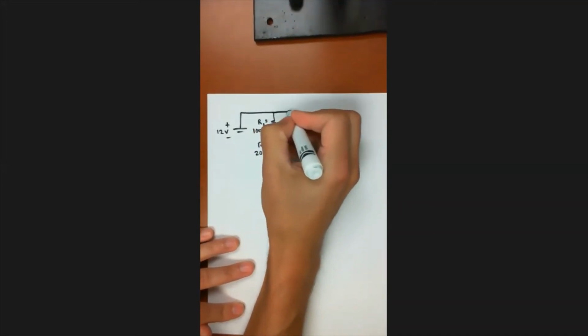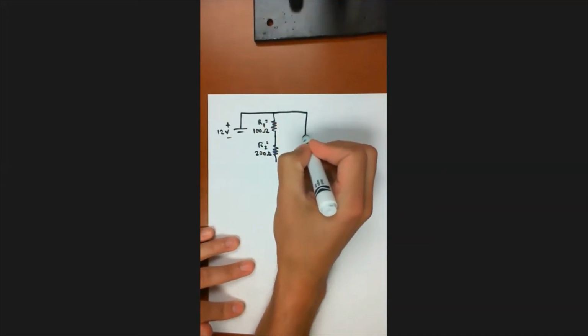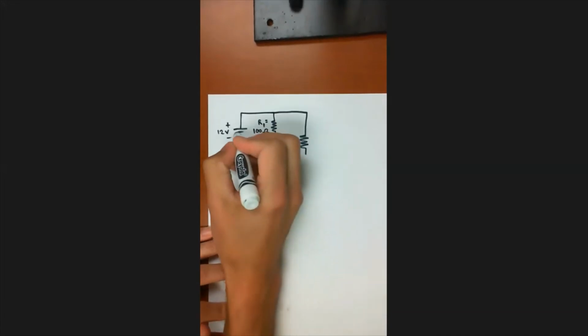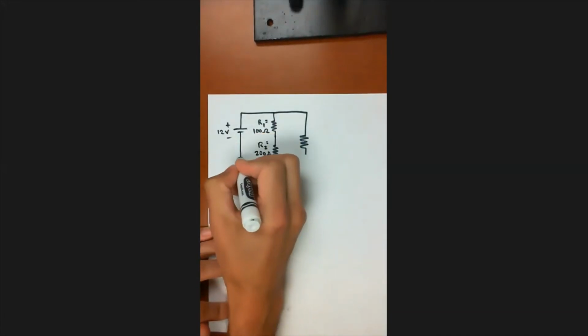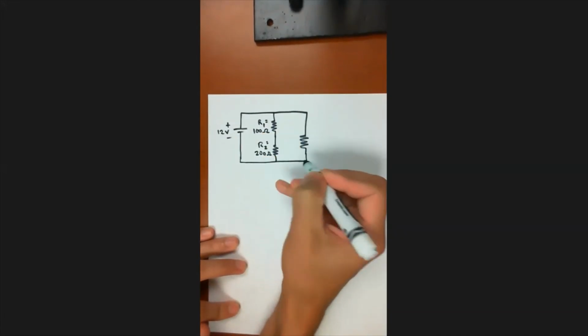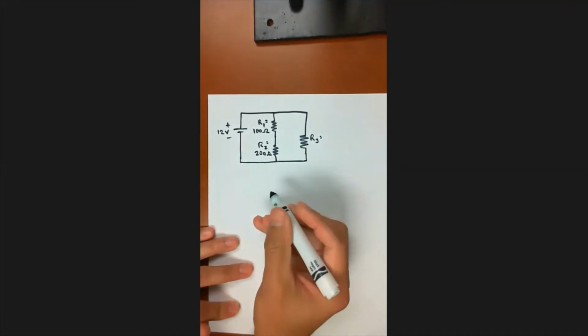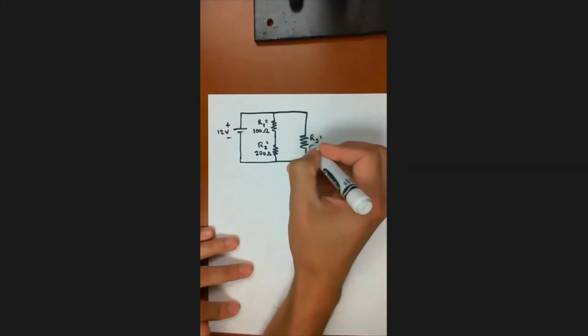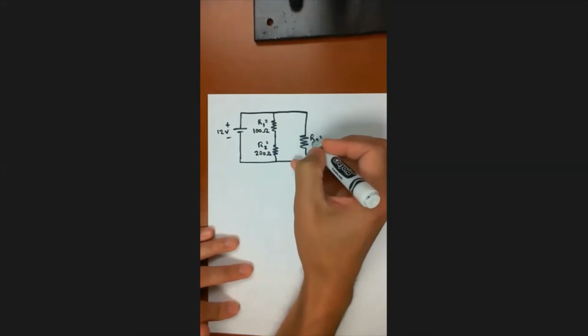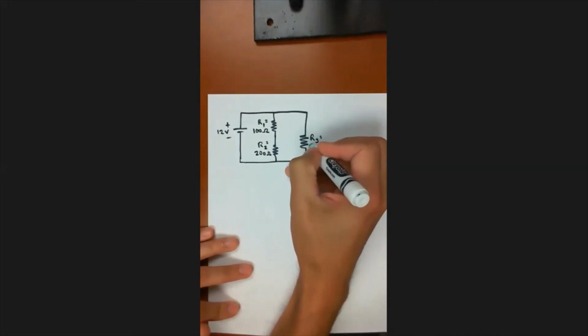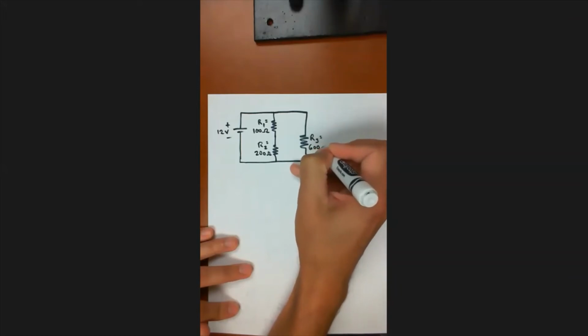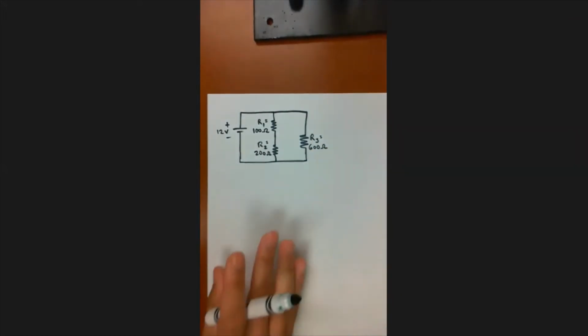And over here, we don't need to make it too complicated, let's say we've got R3, and let's say this one is 600 ohms, just for fun.